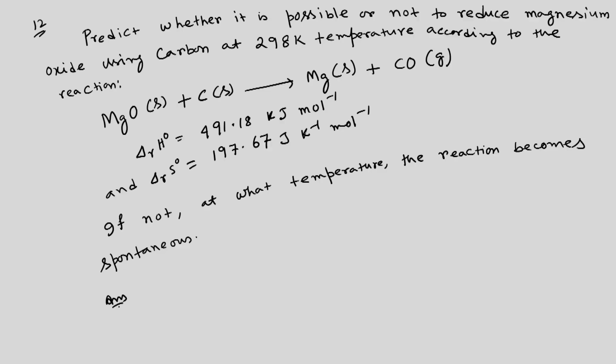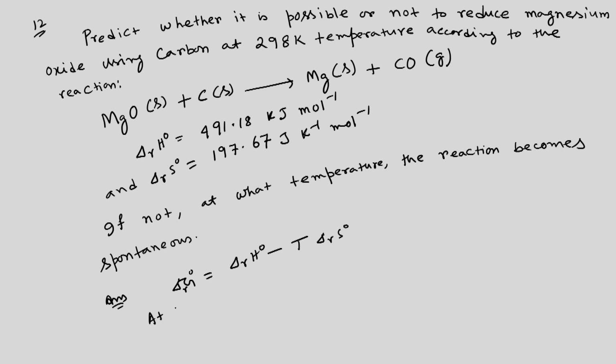So, delta G naught R is delta H naught R minus T delta S naught R. If delta G naught R is negative, then the reaction is feasible.